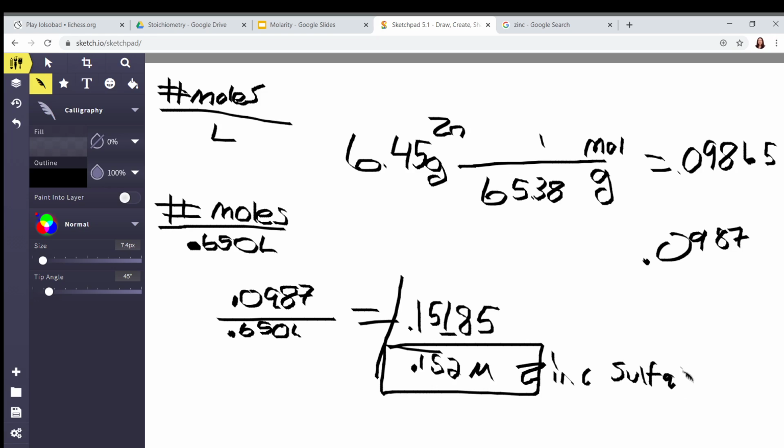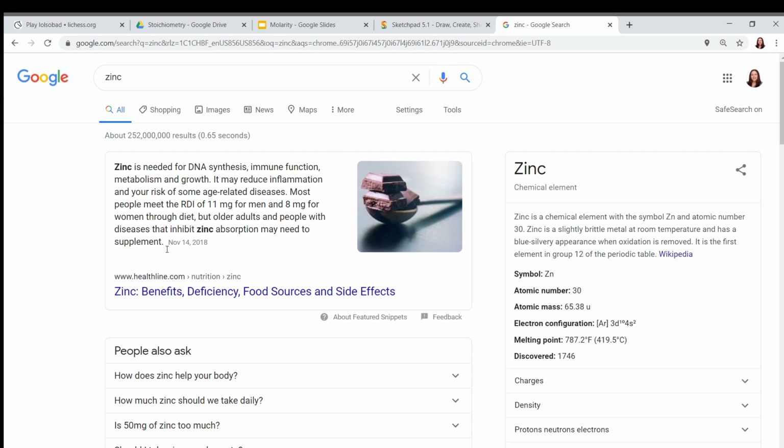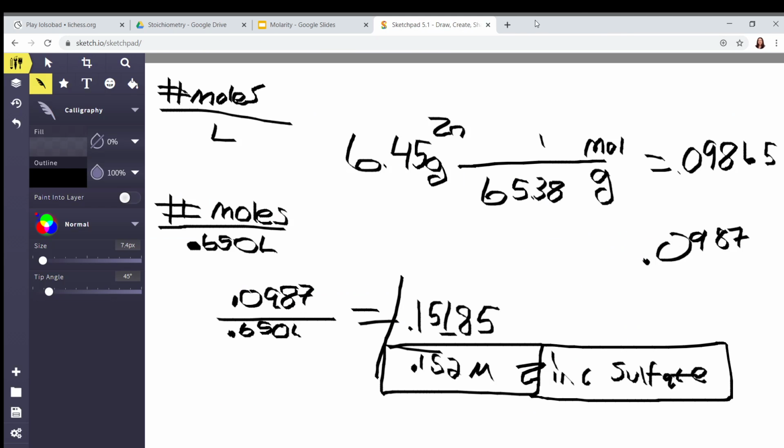So we're just paying attention here. I'm going to show you something else with that not too long here. But in general, this is how we're going to solve this second type of problem. Okay? Yeah, because zinc is always +2.